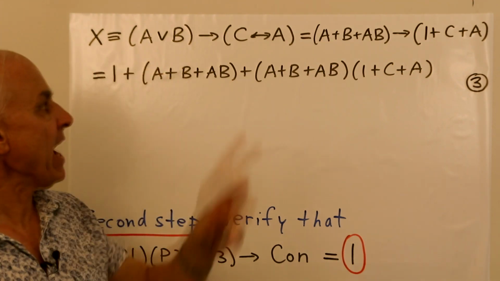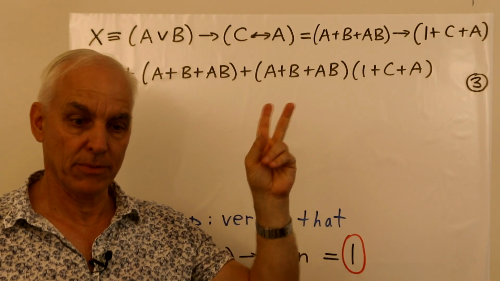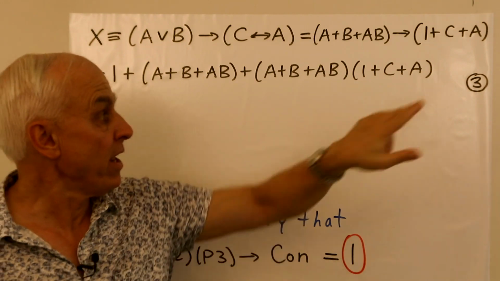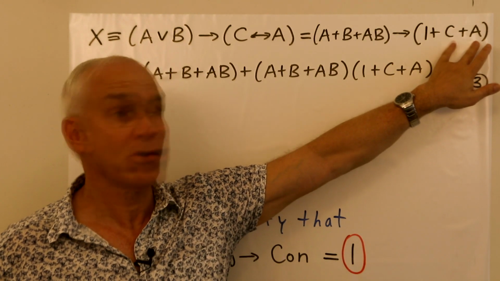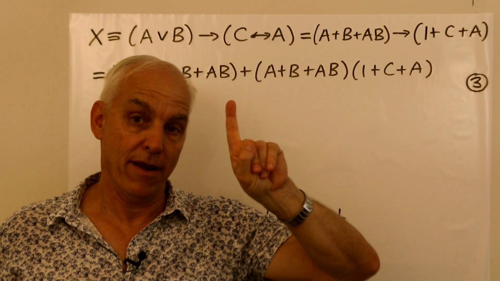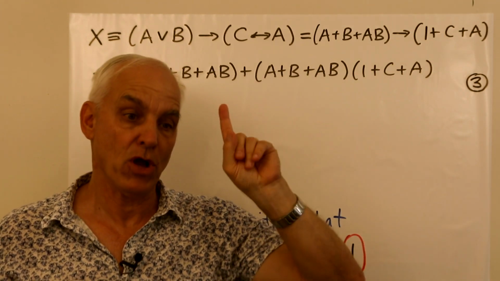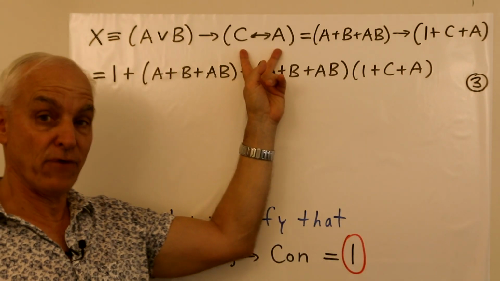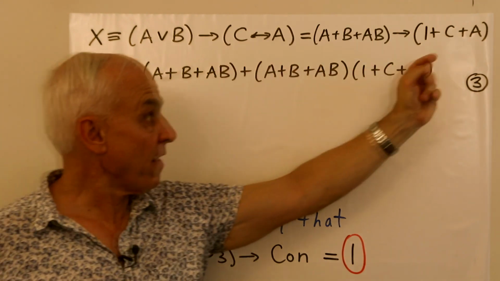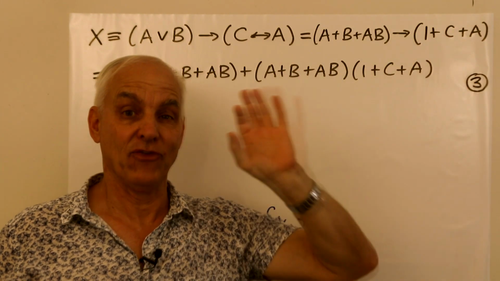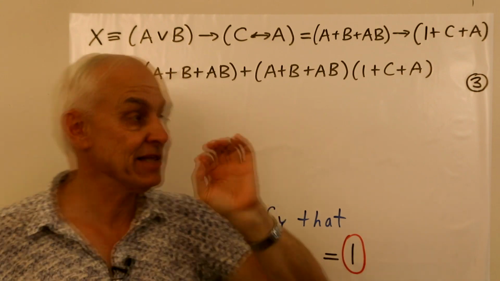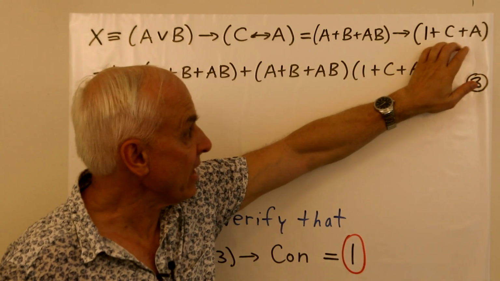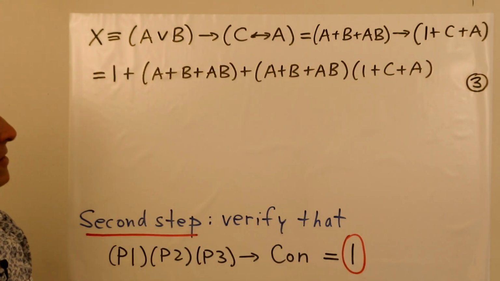So when A and C are the same, in other words, both 0 or both 1, then their sum is always 0, and this total is always 1. So if they're the same, we always get 1. On the other hand, if they are different, one of them is 0 and the other one's 1, then this sum is 1 and the total here is 0. So this is indeed an arithmetization of this logical connective.